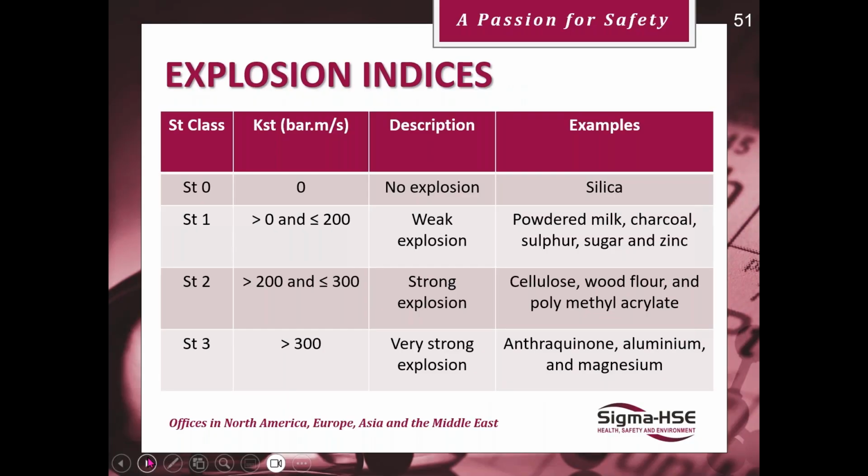And ST3s are the big ones, greater than 300, very strong explosion: anthraquinone, aluminium, magnesium, aluminium lithium hydride. Battery dust is the worst one I've ever tested, and that reached 1,200, compared with 550 for hydrogen.